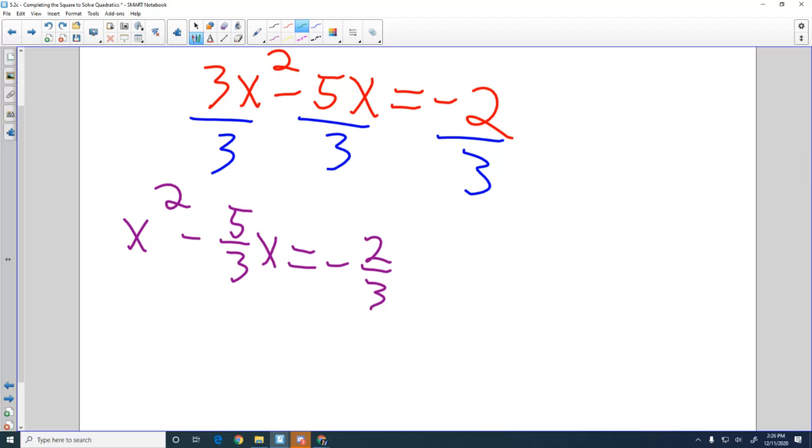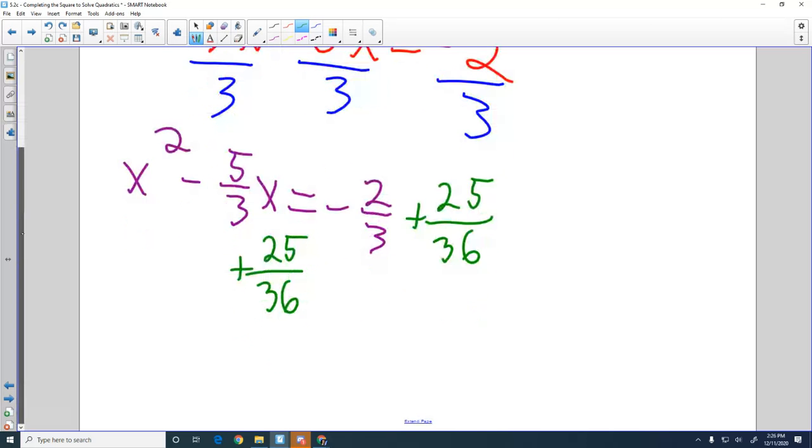So I'm going to add 25 over 36 to both sides. Oh, and now we need another common denominator. This is so much fun. 3 times what equals 36? 12.